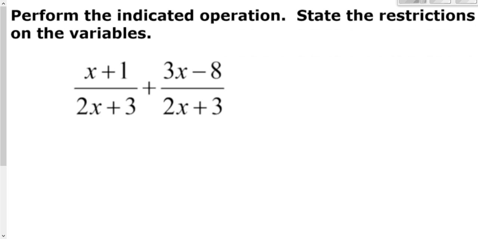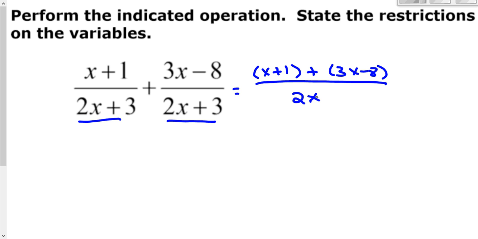Continuing, now we have an addition. 2x plus 3 is our denominator in both, and those are the same already. So we're just going to go ahead and add x plus 1 plus 3x minus 8 over 2x plus 3.